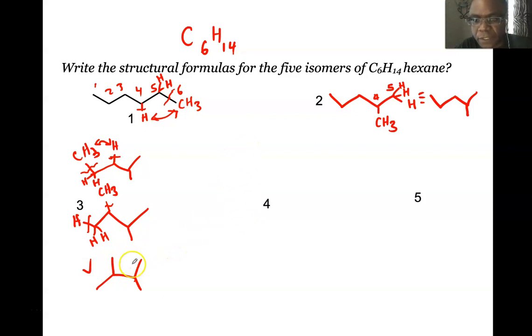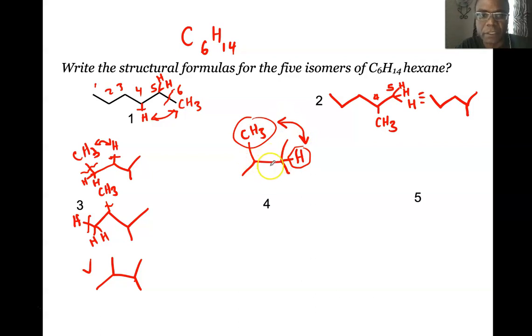To get the 4th isomer, I use the 3rd isomer. So this time I'm going to swap this hydrogen right here. This carbon must have 4 bonds, so there's an implied hydrogen, which is this. I'm going to swap that hydrogen with the methyl. So interchange the position of groups on neighboring carbons.